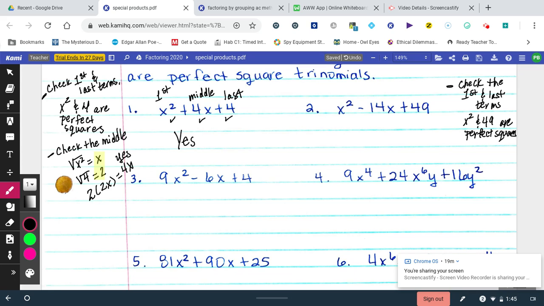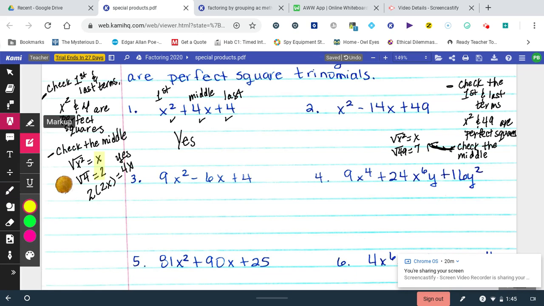Now I need to check the middle. I'm running out of room, so I'm going to check the middle term over here somewhere. All right, so what is the square root of x squared? x. What is the square root of 49? 7. So the middle term has to be twice the product of those two square roots.